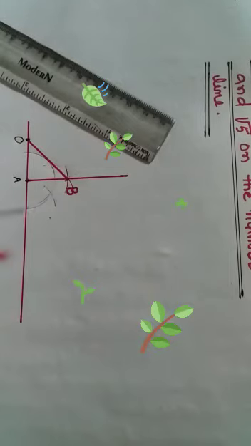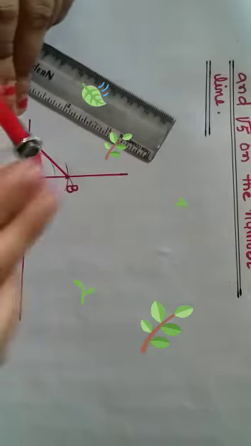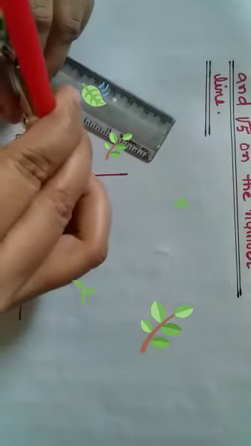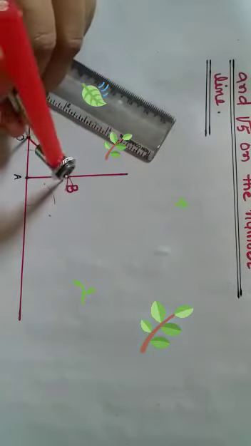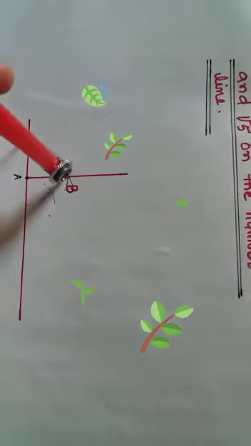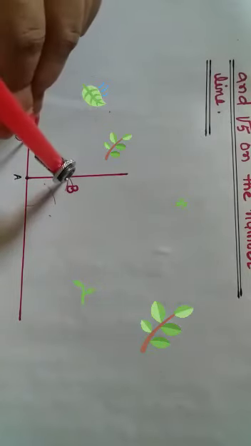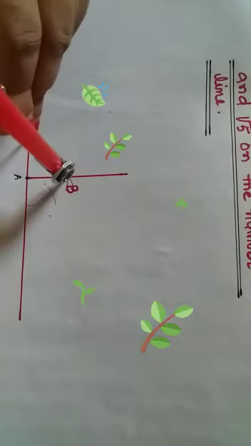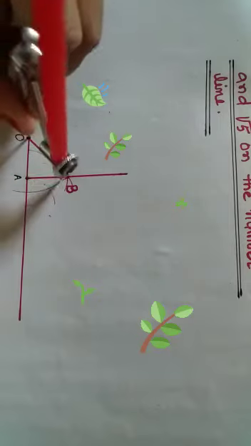Root 2. So we will take O as center and OB as radius. Can you see this? Draw a circle cutting the number line at A1, like this.